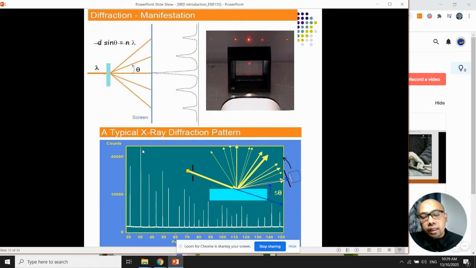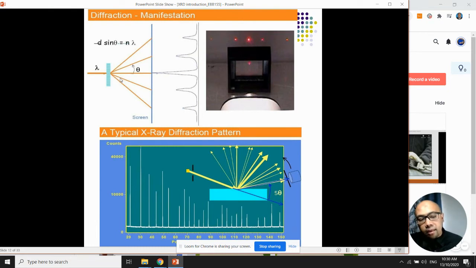Here is the schematic diagram showing how the pattern is produced from the XRD measurement. Imagine this is the sample stage containing the sample. Using Bragg's law equation, when the lambda from the X-ray source is constant, it will bombard the specimen surface and diffract at different angles.